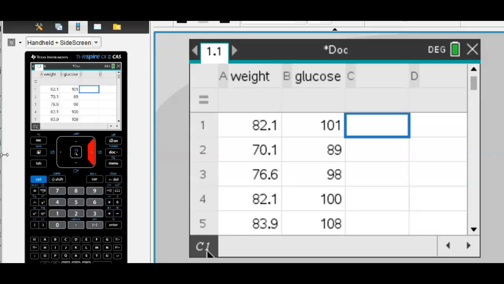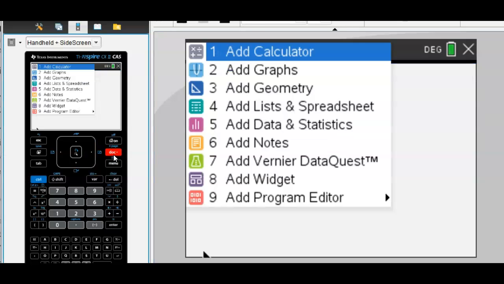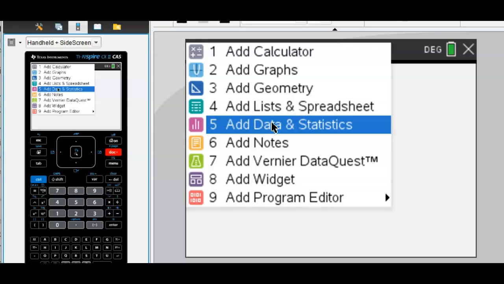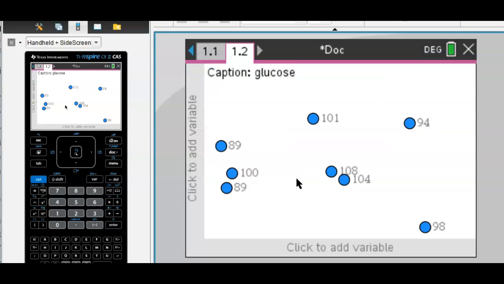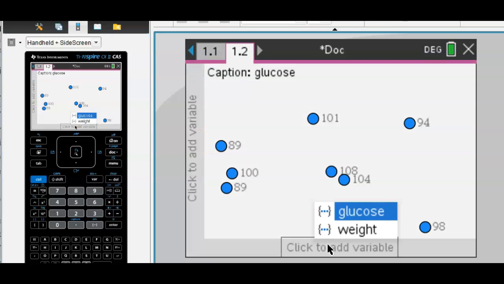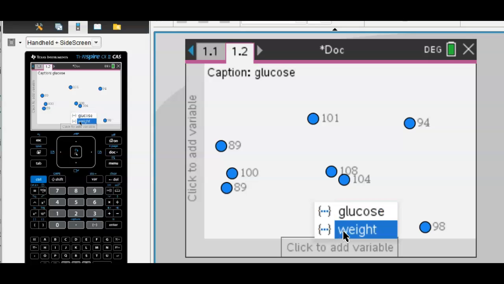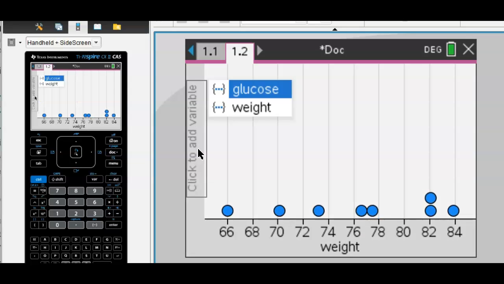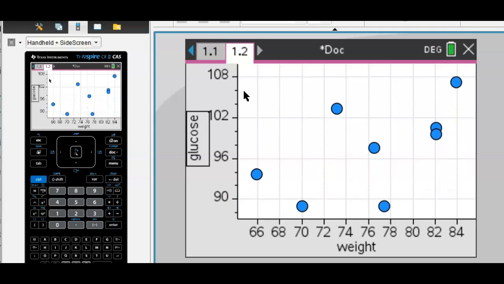Let's first draw our scatter plot. So control, add page, data and statistics. It looks like this now, but we've got to add our variables. Down the bottom is our explanatory variable, weight, and then our response variable, glucose, on the y-axis. So there's our scatter plot.